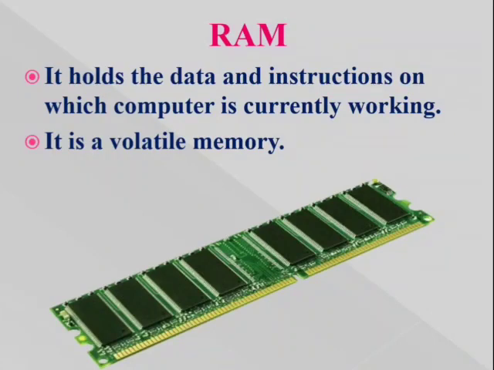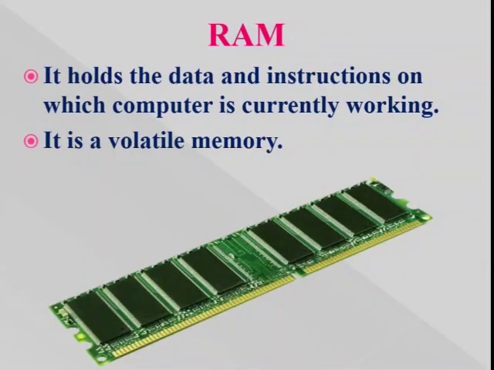RAM is a volatile memory, means जब हम पावर ऑफ करते हैं तो जो भी डेटा रैम में रहता है वो चला जाता है, वो नहीं रहता. Means it retains the stored information as long as the power is on. A computer having higher RAM will be able to load multiple software applications quickly.